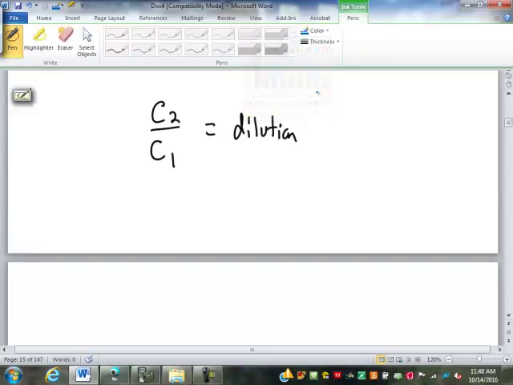Our dilution, however, relates our volume. The old concentration must have a smaller volume than the new concentration, correct? So it is the first volume that goes on top over the new volume. This is what we call an inverse relationship.